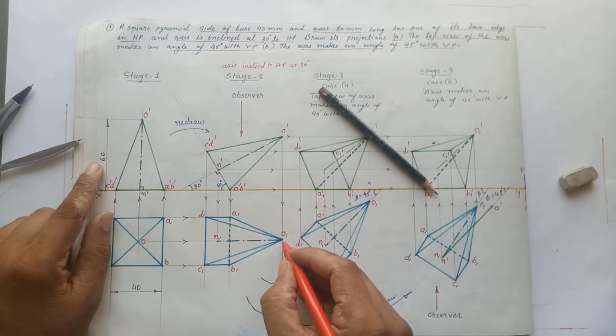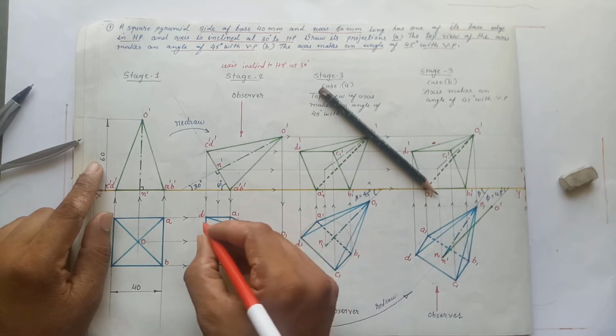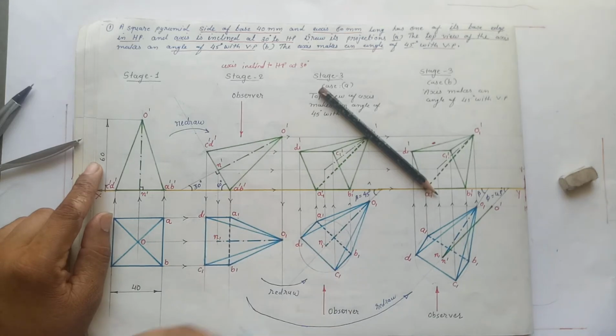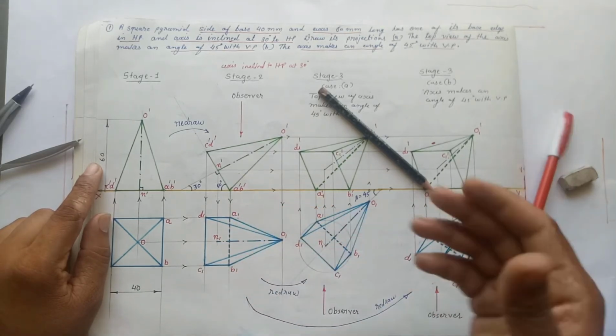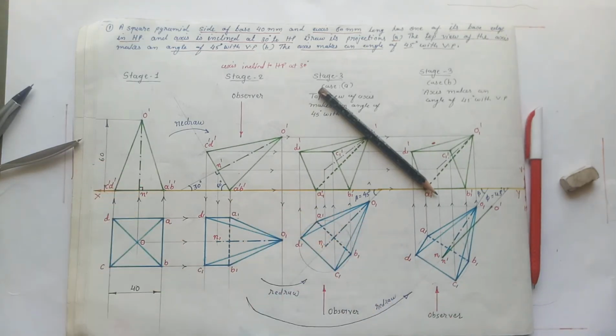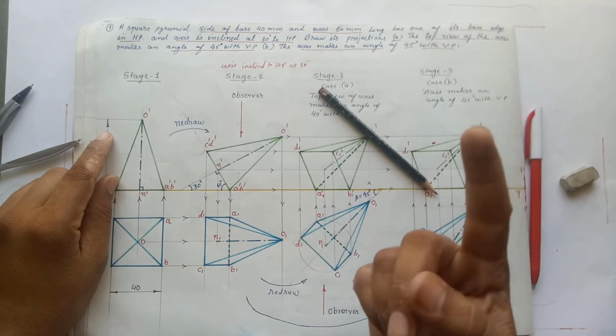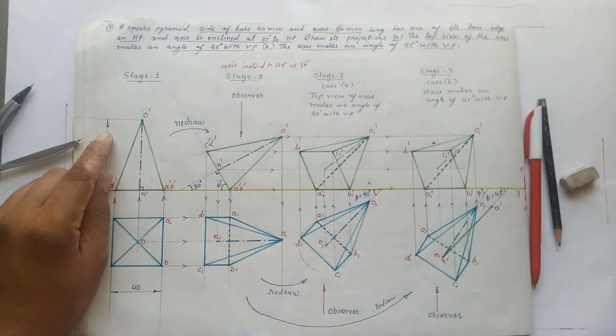Now we can say that if O1C1 and O1B1 are visible, then C1B1 is going to be visible. O1A1 visible, O1D1 visible, and A1D1 is visible. Now what about A1B1? You can see that it is a hidden outline, but how can we derive this? For that we have to use one rule, the rule of intersection of lines.